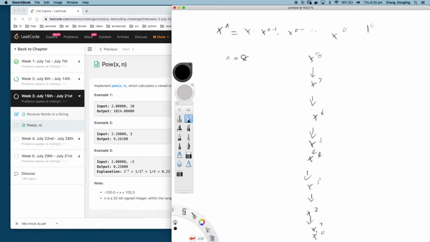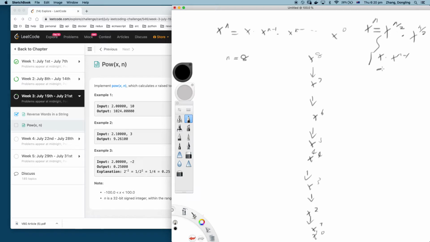x to the n means x multiplied n times. If this n is an even number, you could halve the n: x to the n is x to the half of n, squared. But if it is an odd number, then it is x times x to the n minus 1.